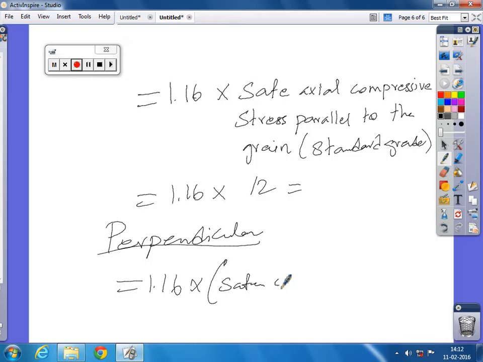Safe axial compressive stress perpendicular to the grain of standard grade.